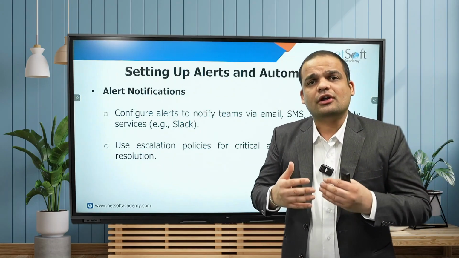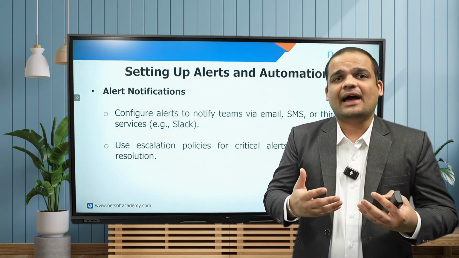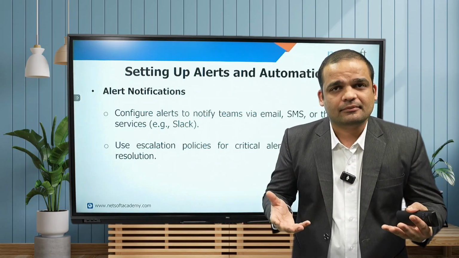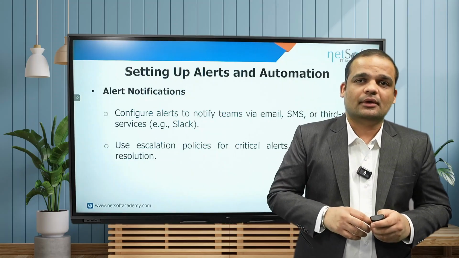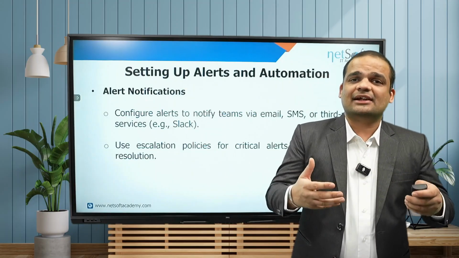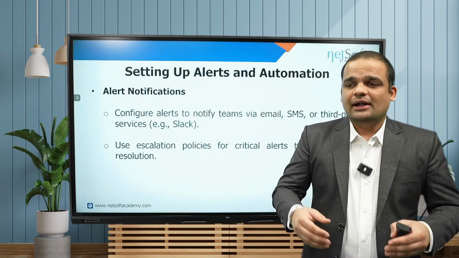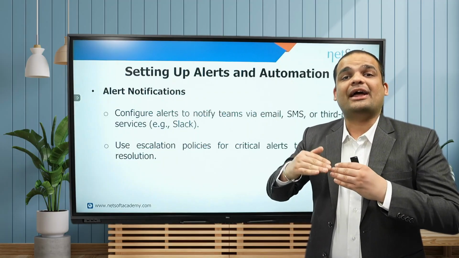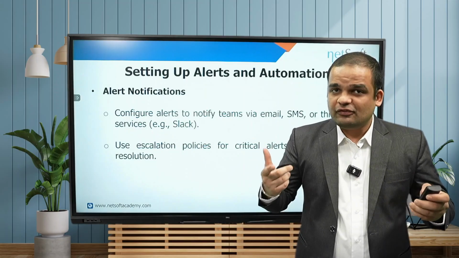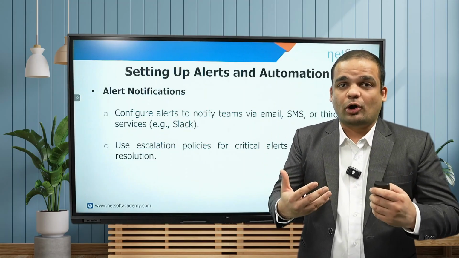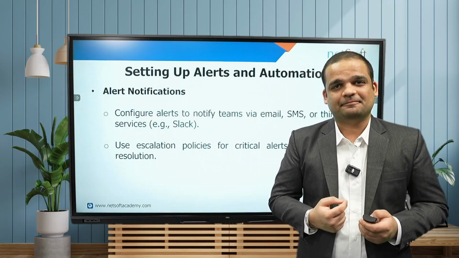You can also use collaboration tools like Slack or Microsoft Teams, so the alert can also be pushed on those platforms. You use escalation policies to ensure that critical alerts are prioritized and addressed quickly. Even the ticketing system can also be involved in the mix.